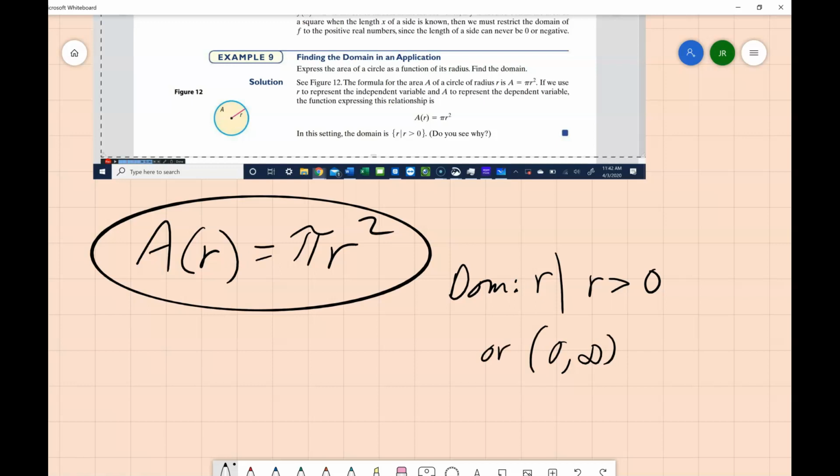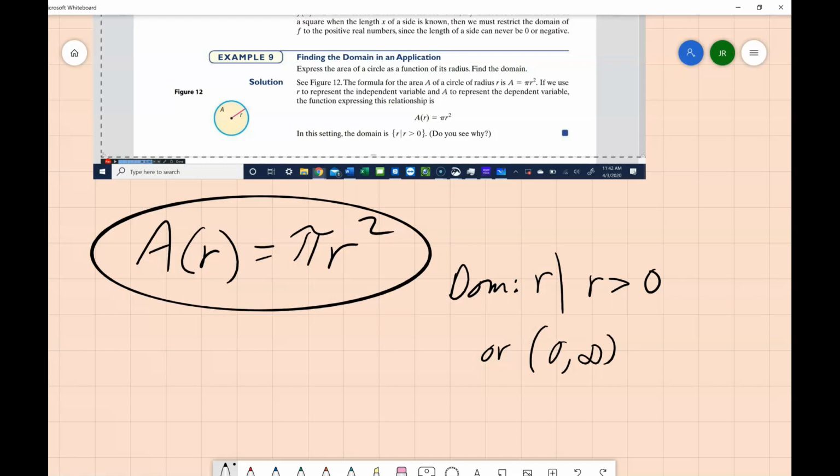So sometimes the domain, if it's just a math problem on paper with no application, you just do it mathematically like we did the last few examples. But if it applies to something geometric, like the area of a circle, then it may be that the problem itself, the application itself, determines the domain.